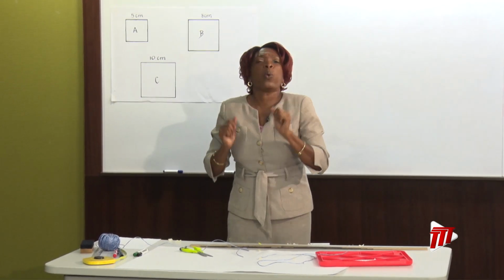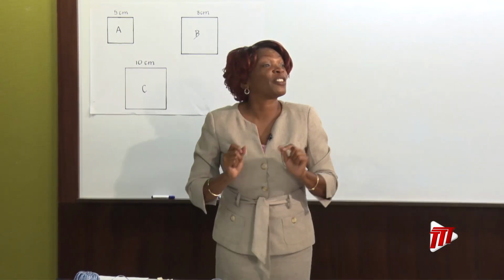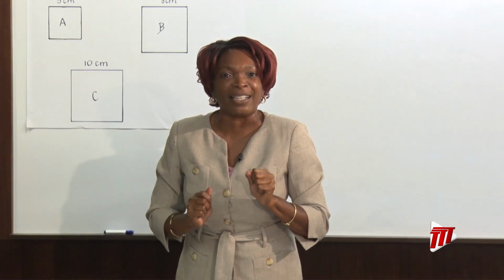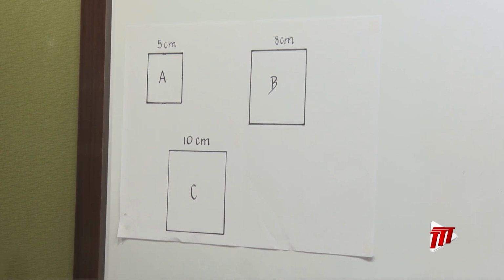Now, what we are going to do, we are going to look at the perimeter of squares and rectangles. First, we are going to look at the perimeter of squares. If you look on the board, you will see that I have 3 squares there.